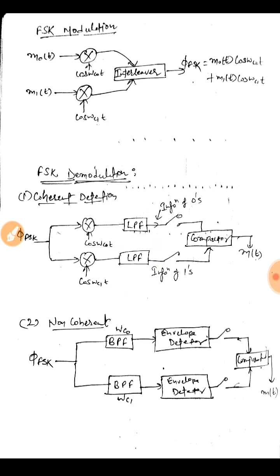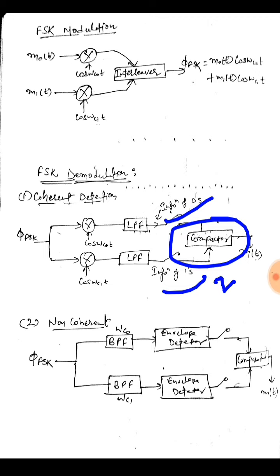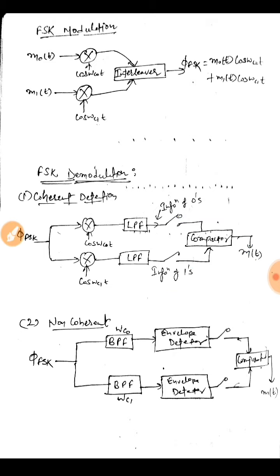This is the information of zeros and this is the information of 1, and a comparator is used. If this information is greater, then it would give 1, and if it is less, then it would be 0. So it would compare both the inputs generated from the low pass filters and would give 0 or 1 depending upon the magnitude.